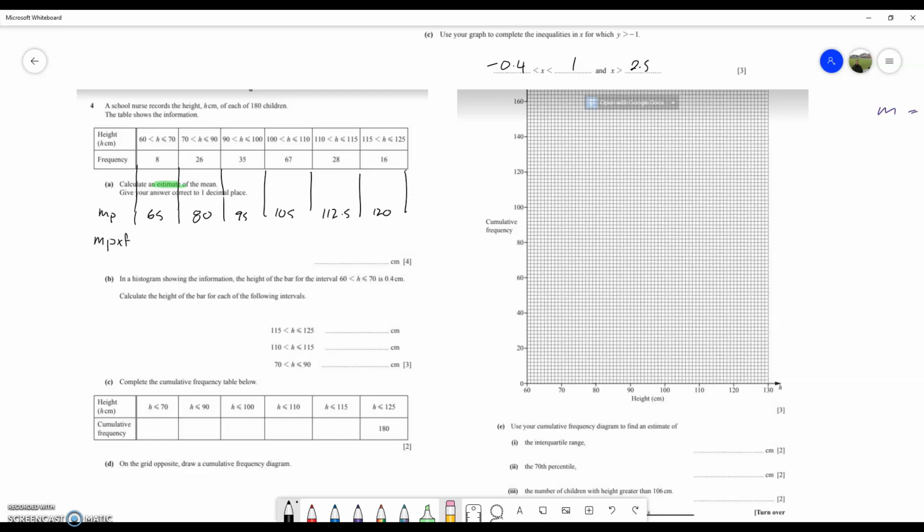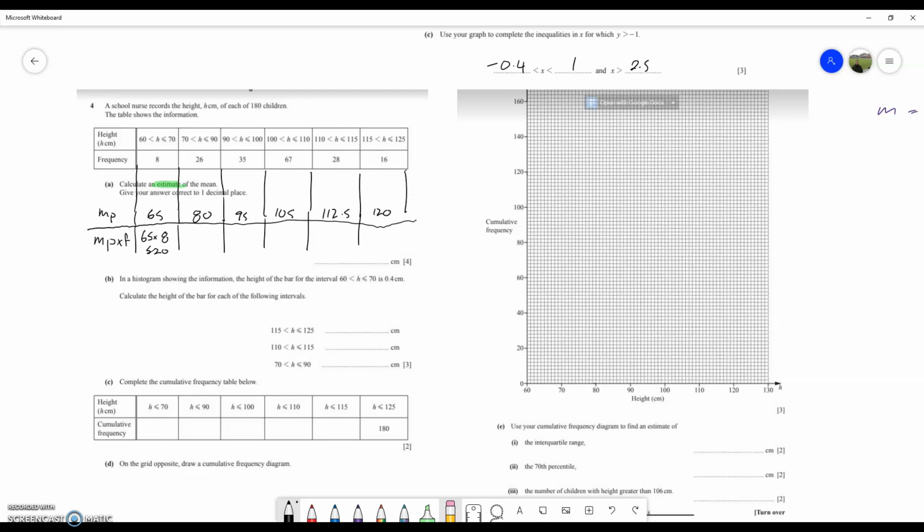In this case, it's 65 times the frequency, which is 8, which gives us the answer 520.